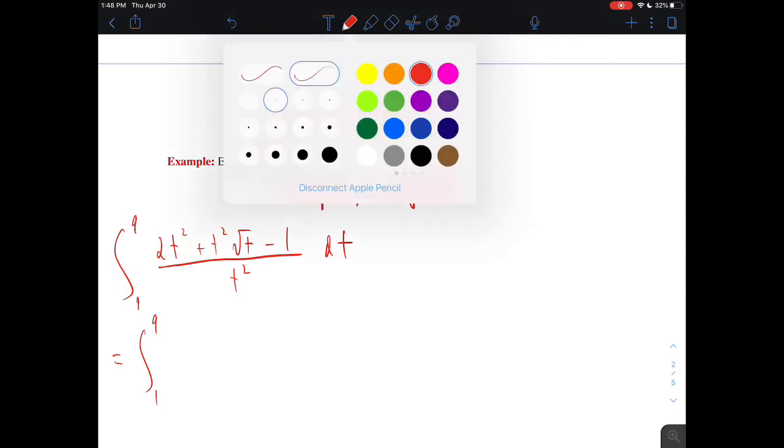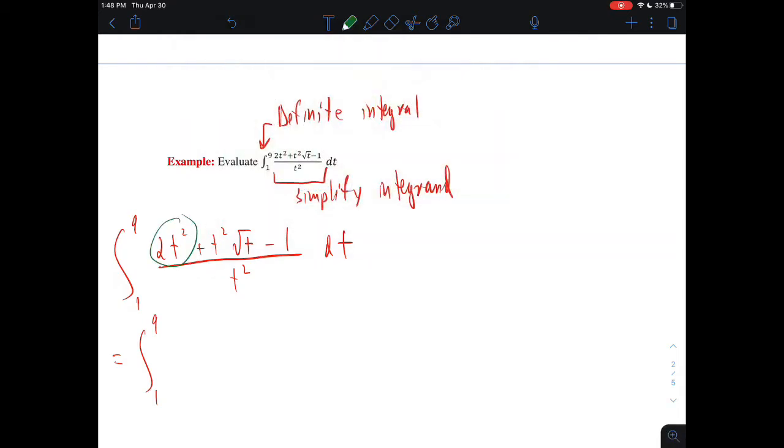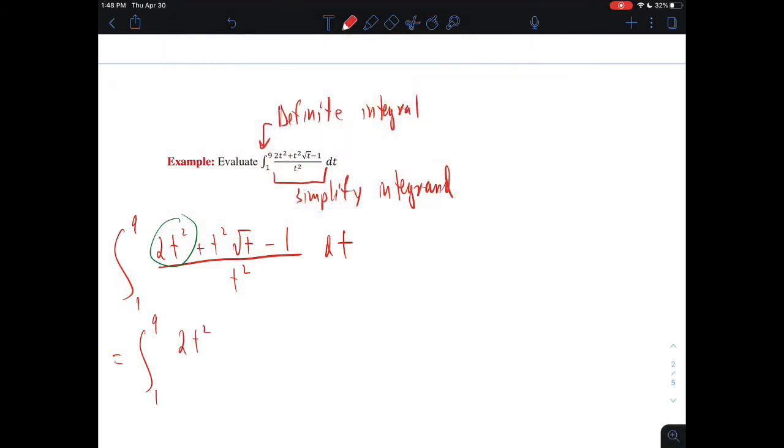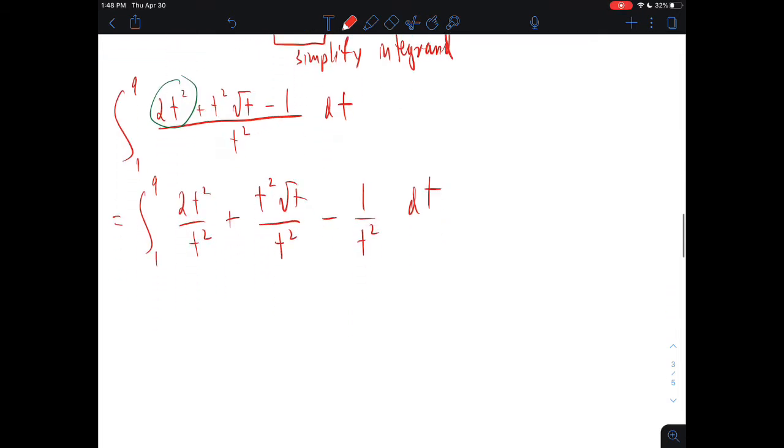I can take 2t squared and write it over t squared, and then plus t squared times the square root of t divided by t squared, and then minus 1 divided by t squared. You are allowed to do that. So now in each fraction, we can cancel things out.